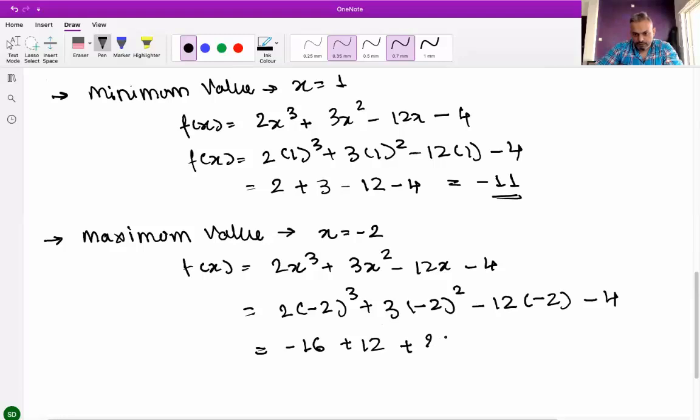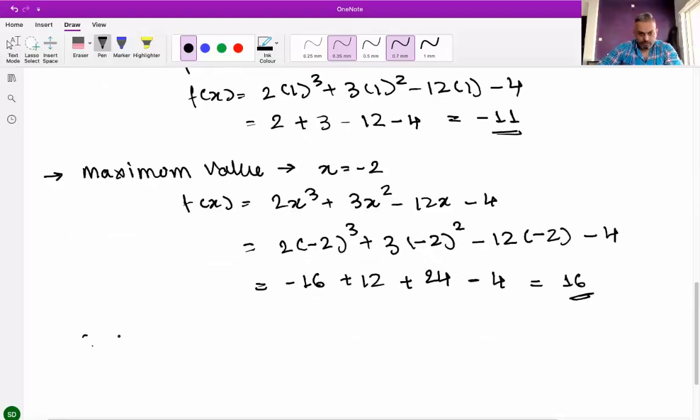Plus 12 twos are 24, minus minus will become plus, and −4, which is equal to 24 and 12, minus 24 into 36, minus 20, which is equal to 16.